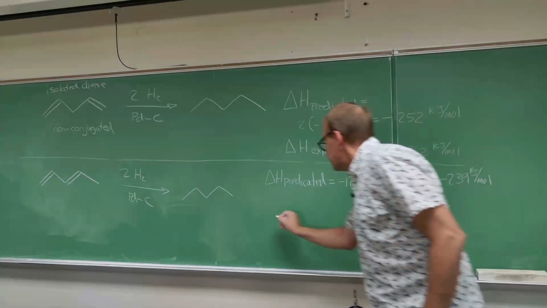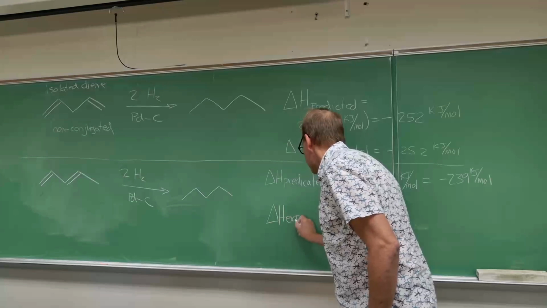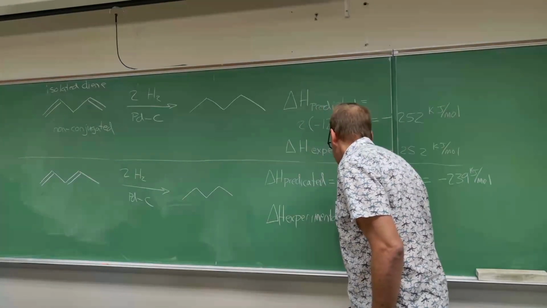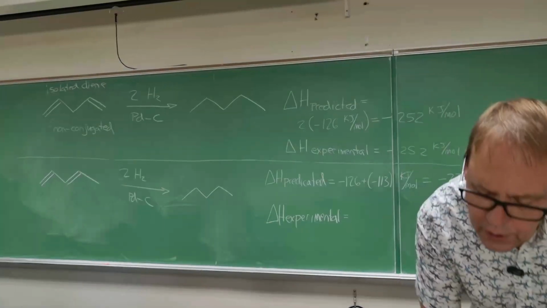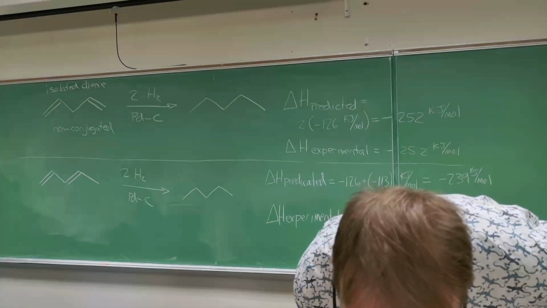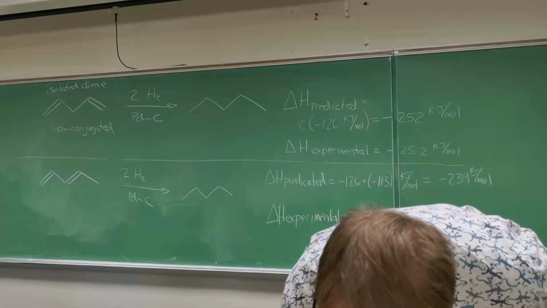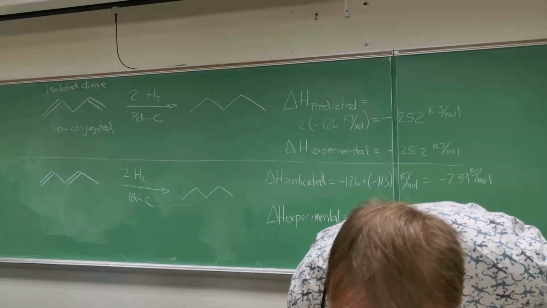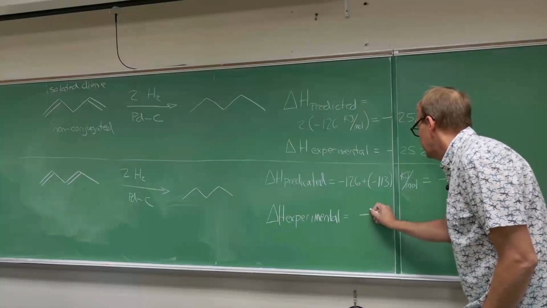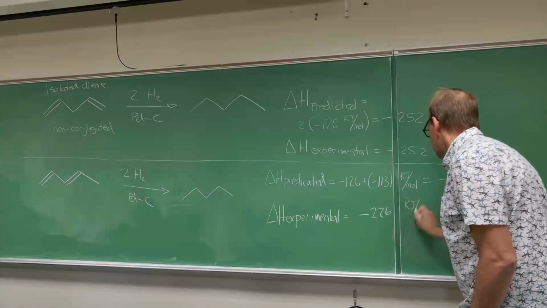Okay, let's see what we actually got. Delta H experimental, what was actually measured, was equal to minus 226 kilojoules per mole.